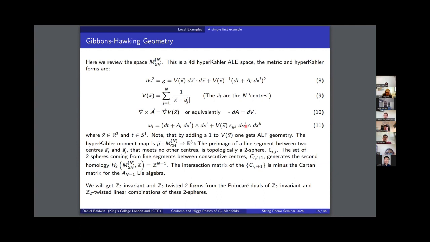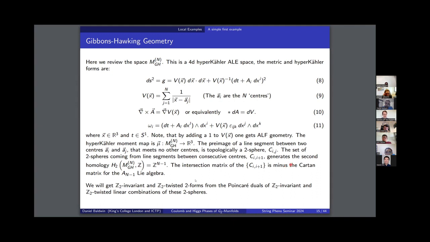So if we take the line segment between any 2 of these centers in R3 and take the pre-image of it, topologically that is a 2-sphere because these circles pinch off at the ends. And the collection of all of these 2-spheres from adjacent or consecutive centers generates the second homology of the space.